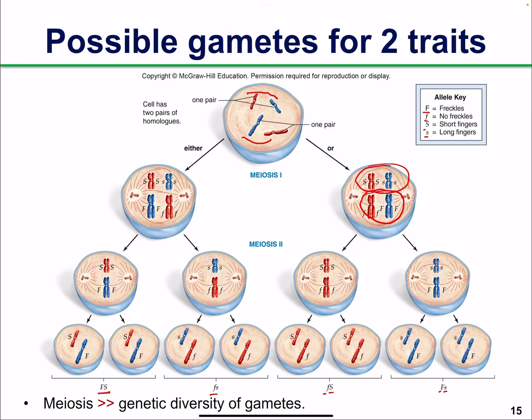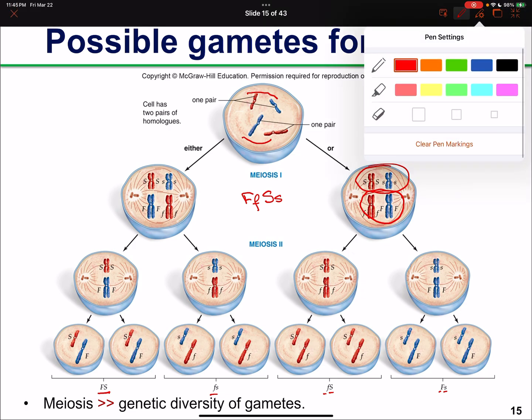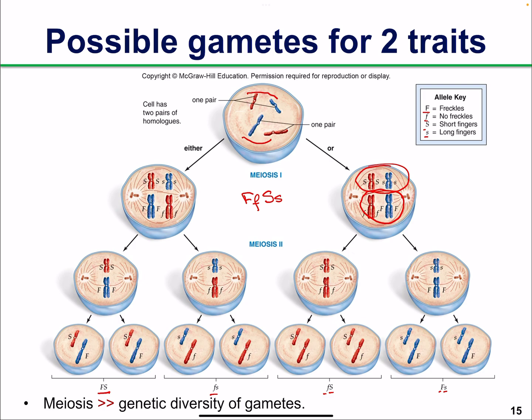So basically, that individual is capital F, lowercase f, capital S, lowercase s, right? So you're going to have, in terms of gametes, let me change my color here. Okay, so in terms of gamete, these two guys are going to end up in one cell.